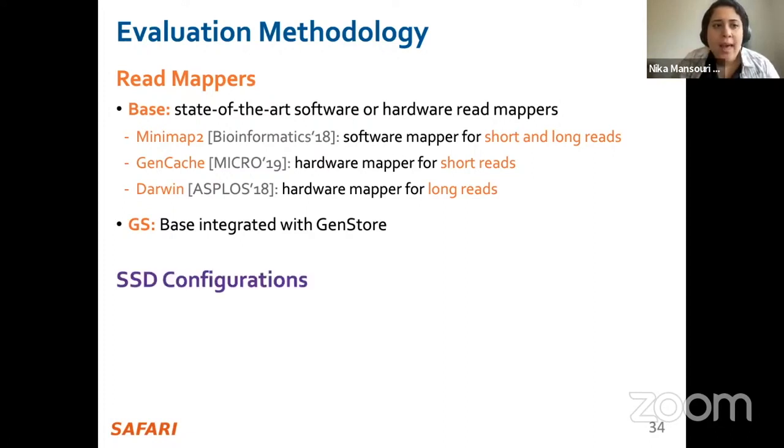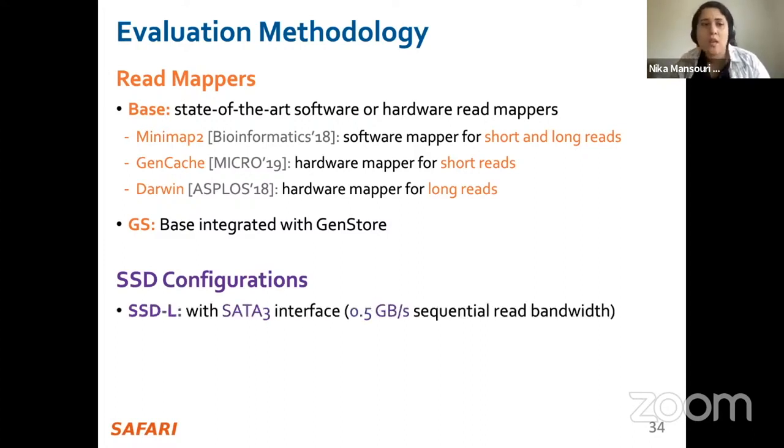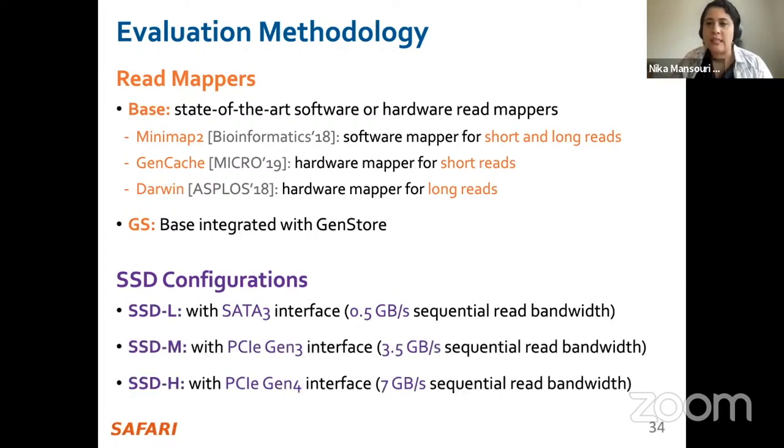And we also evaluate these mappers and systems with various SSD configurations. So a low-end SSD, a medium-end SSD, and a high-end SSD. So you might ask, why do we not only consider high-end SSDs? Why do we consider low-end SATA SSDs while we can have different generations of PCIe SSDs?